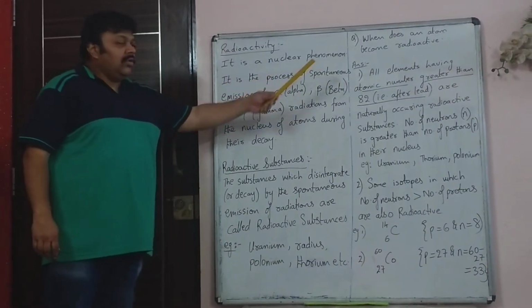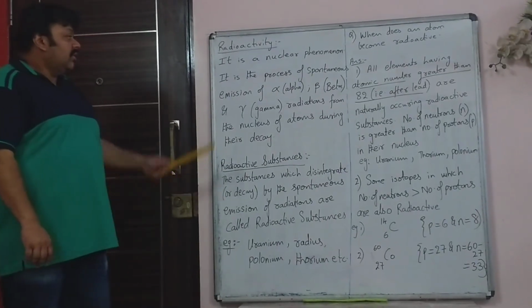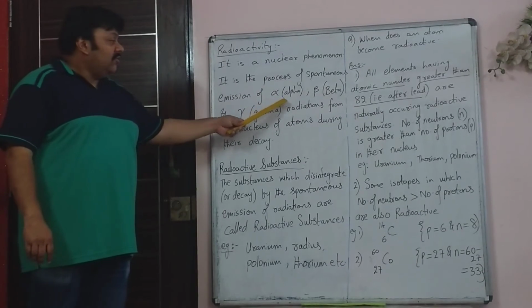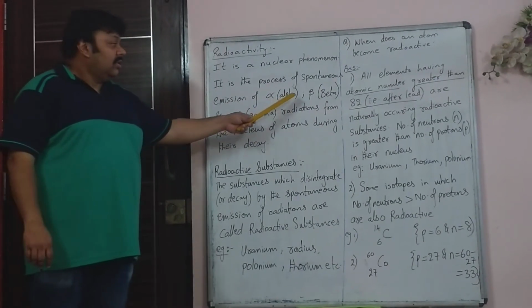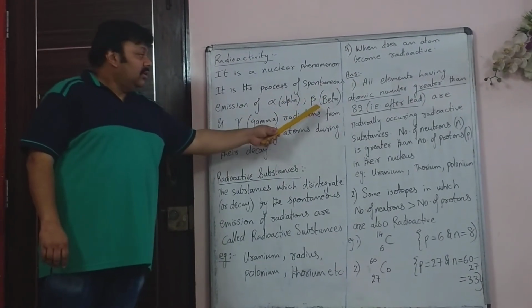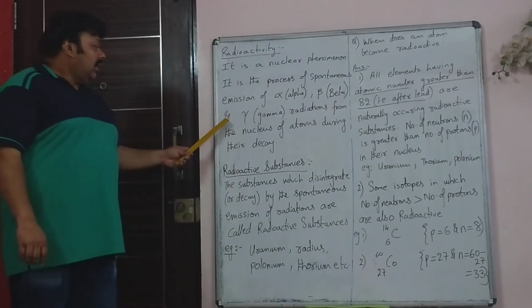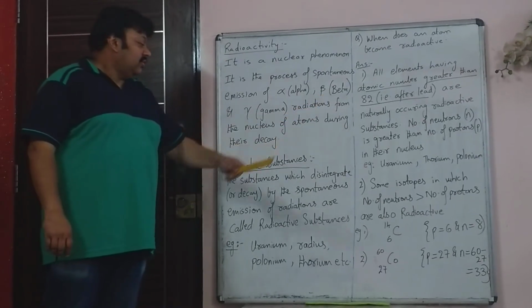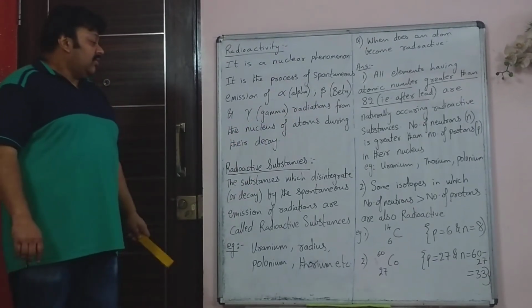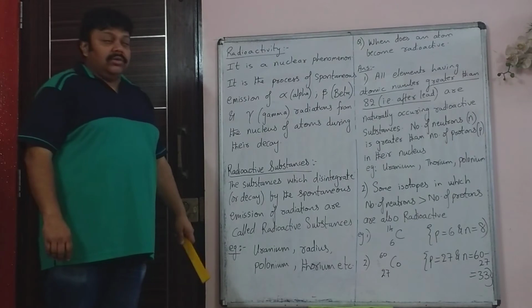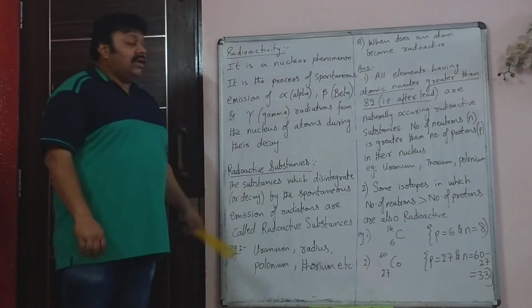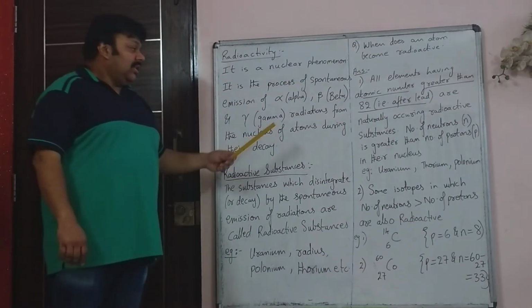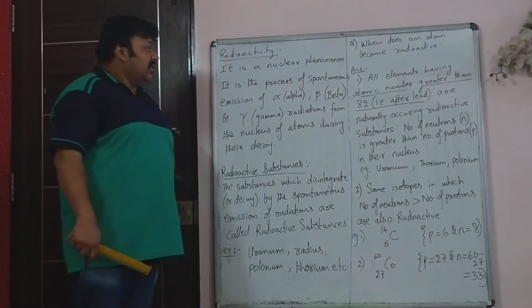It's a nuclear phenomenon, that means it happens in the nucleus, and it is the process of spontaneous emission of alpha, this is the symbol for alpha, comma beta, this is the symbol for beta, and gamma, this is the symbol for gamma, radiations from the nucleus of atoms during their decay. Of course, what alpha, beta and gamma are and their properties we will see a bit later. First we are seeing what is radioactivity.